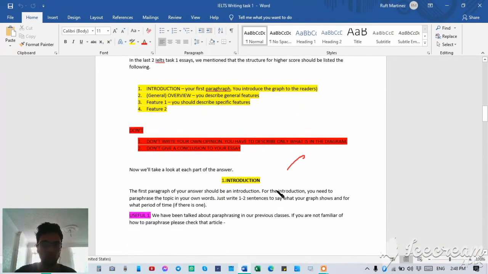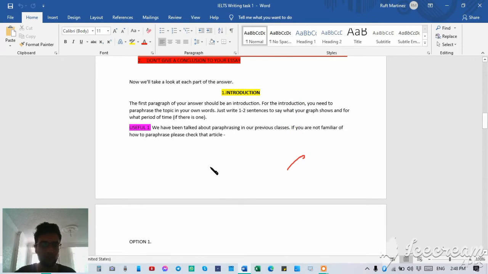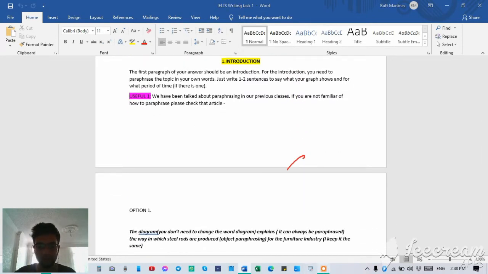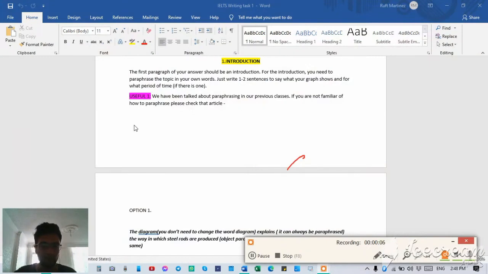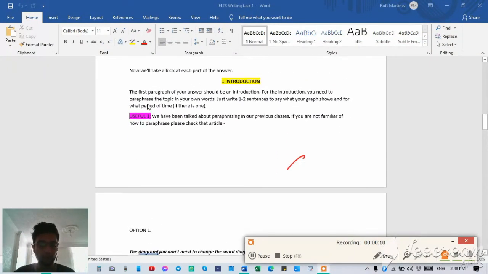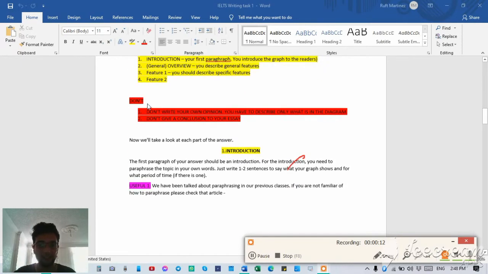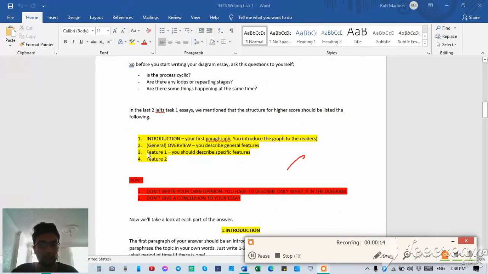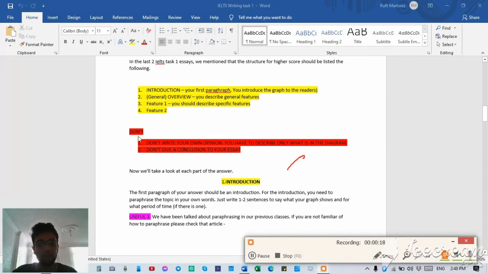So please check the full information from here, the useful things that you read, and follow the useful link. The structure of the essay is the same, and do not write your own opinion. You have to describe only what's in the diagram.